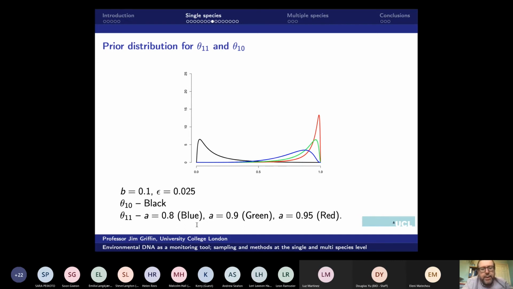And then for the other, we can choose the prior median for the true positive rate. Here we've got a variety of different values, 0.8, 0.9, 0.95. And you can see that we get these shapes. By changing the prior median of the true positive rate, you can see here with the red, we have a very large value, so this distribution is very pushed towards 1.